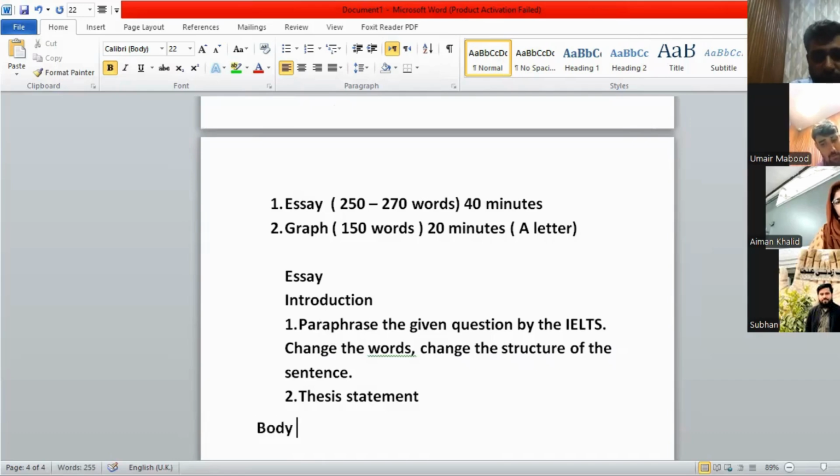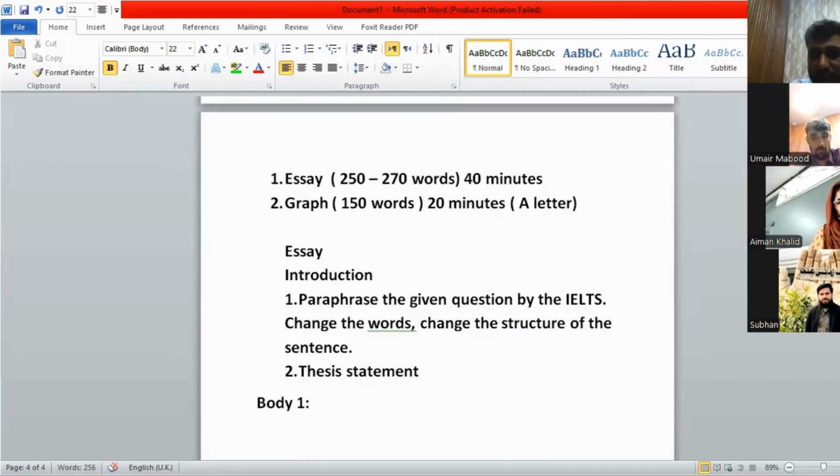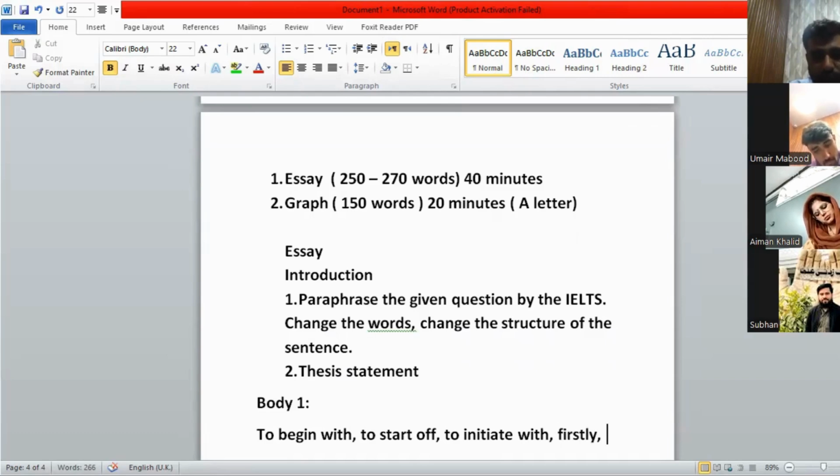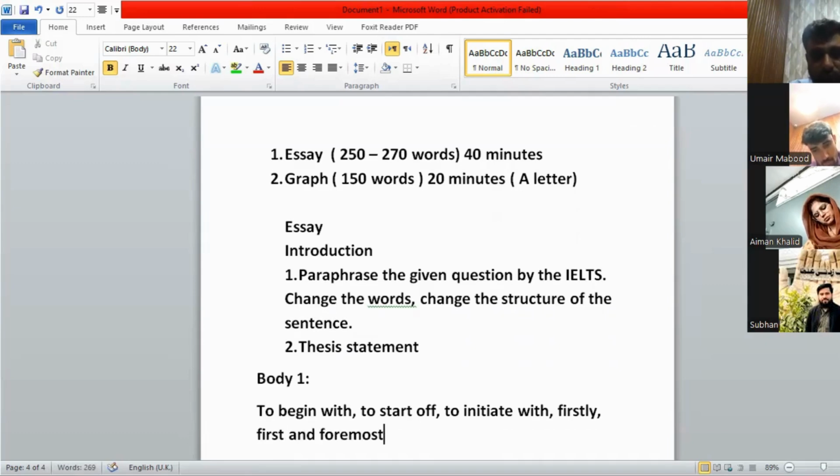So for body one, the starter for the essay you are going to start should be: to begin with, to start off, to initiate with, firstly, first and foremost, initially, on the first hand, in the beginning.